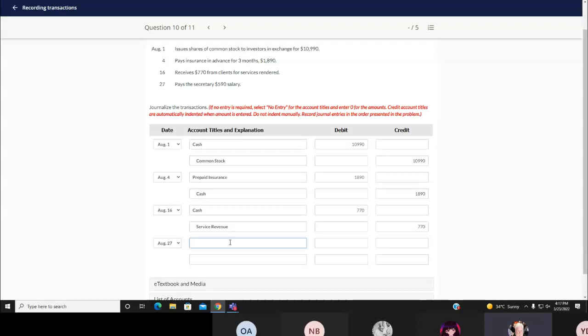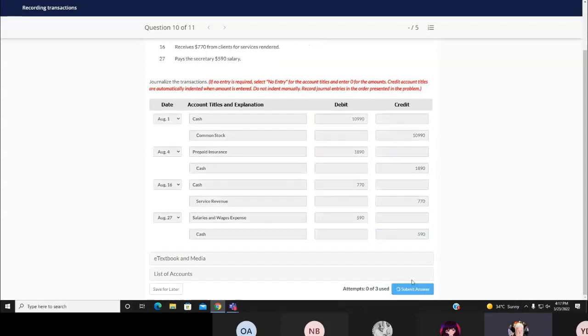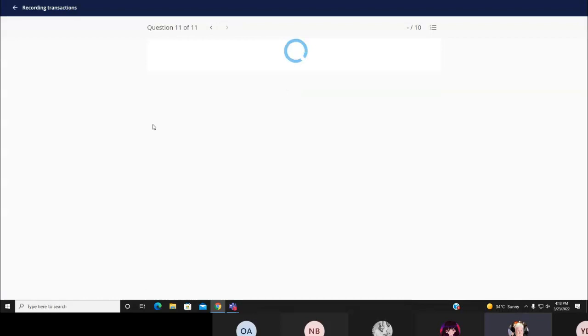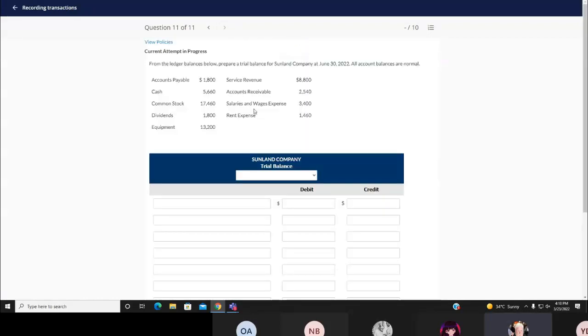Okay, what's that? Pay the secretary. So that would be wages or salaries. And what did I pay her? Good. Very good. See how easier it gets the more you do them?